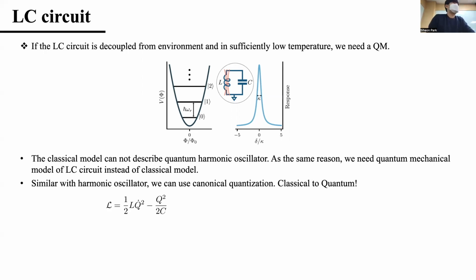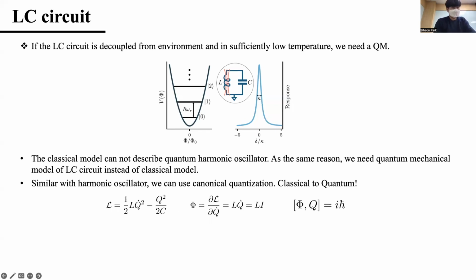Let's think about the energy. It is just the charging energy in the capacitor and the magnetic energy in the inductor. I'm sorry, but it is a little bit physical. In this Lagrangian, we can think about the conjugate variable.